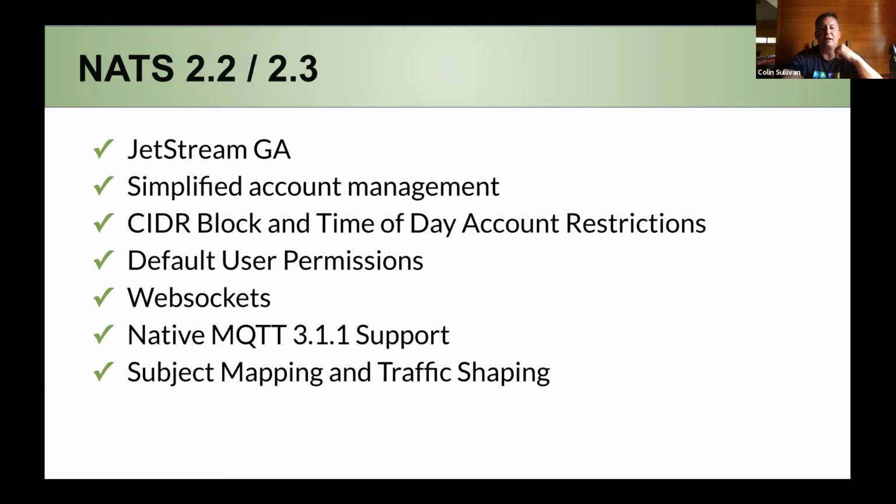We have CIDR block and time of day account restrictions. So you can say this particular user can only connect from these IP addresses, or it can only connect between 8 and 5. Default user permissions, where if you connect and there aren't permissions set up for a user, we allow you to assign defaults.